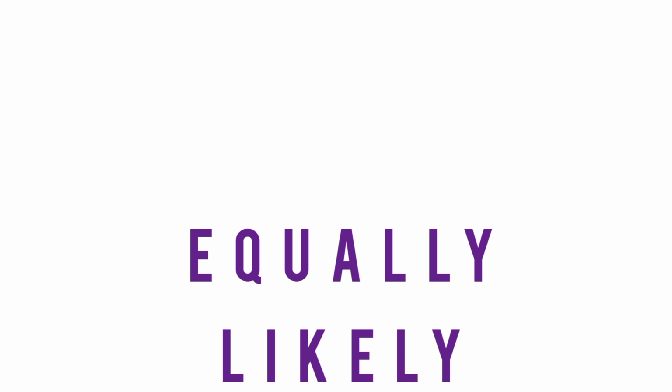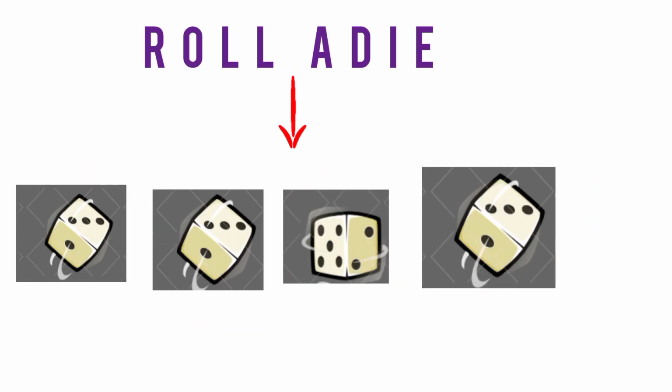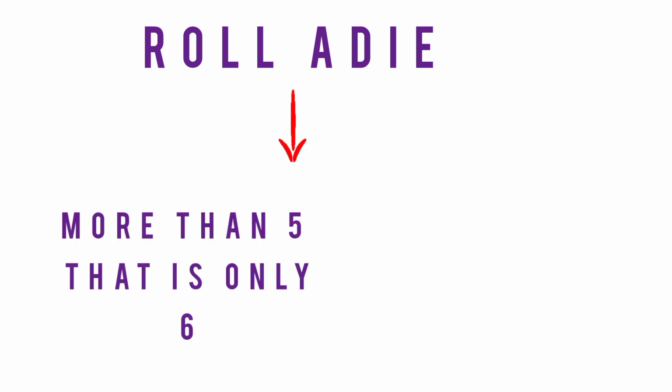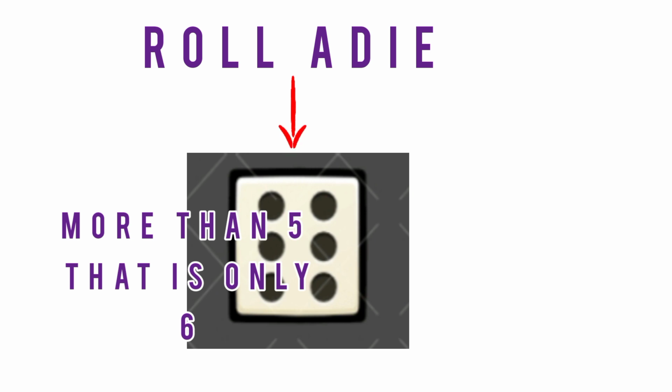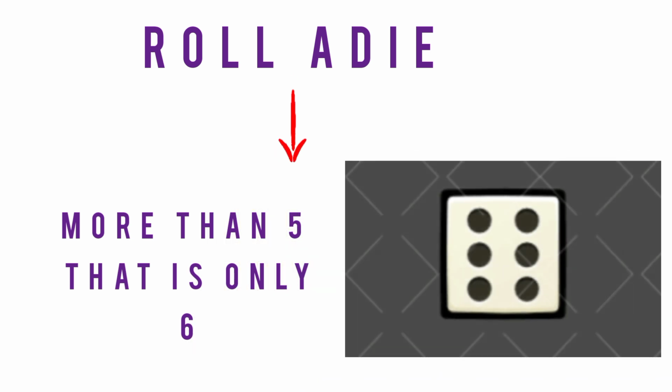So now we can conclude that each toss of a coin or roll of a die or spin of a wheel is a trial or random experiment. Now let's see, when we roll a die, the possible outcome to get a number more than 5 on the top face is only 1. That is, we get 6 only one time.